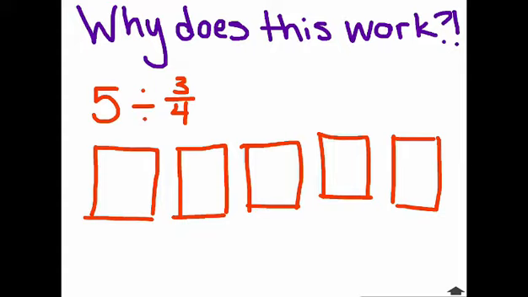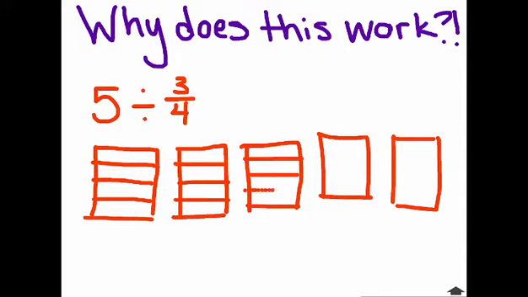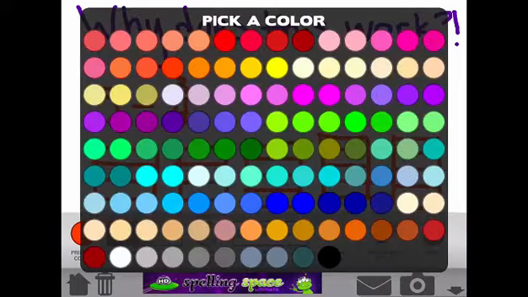Since 4 is our denominator, we want to make sure that each of these containers is broken up into 4 pieces to start with. So here's 4 there, 4 there. Okay, each of the containers is now broken up into 4 pieces.